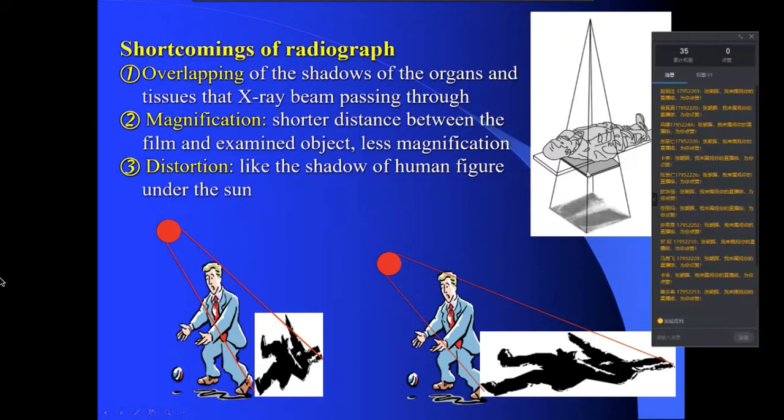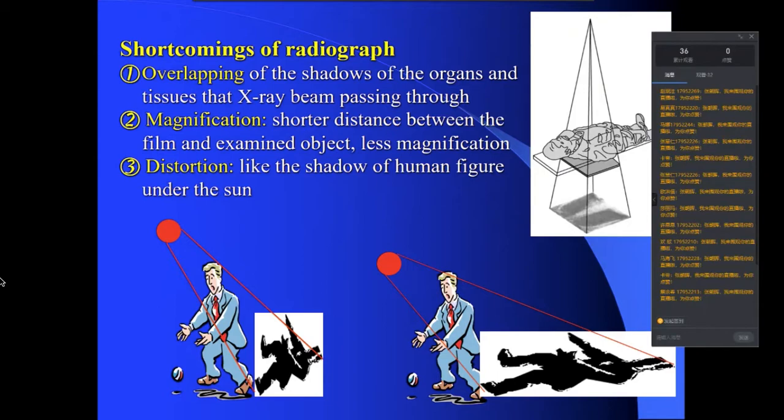Here is the cassette containing film. By this method, you can obtain a two-dimensional image of a three-dimensional subject. On this image, there are overlapping shadows of various tissues and organs.